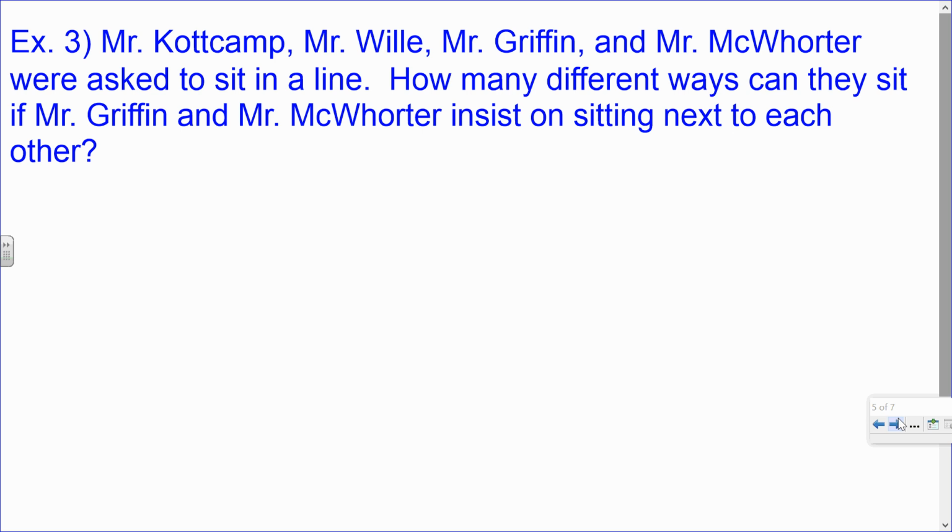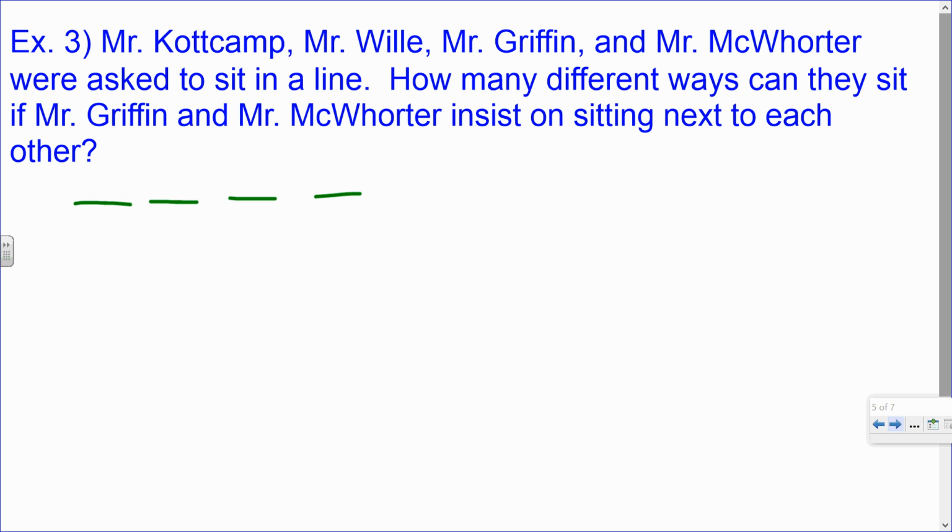We don't know the reason for it, but we know that we have some sort of a line with 4 seats. So the restriction is Mr. Griffin and Mr. McWhorter want to sit beside each other. We have to decide which 2 chairs they are going to be in.